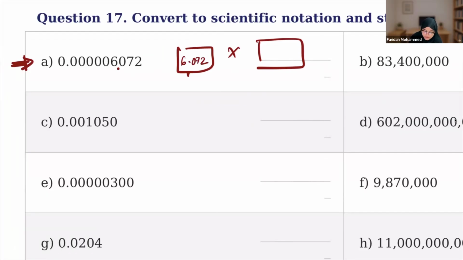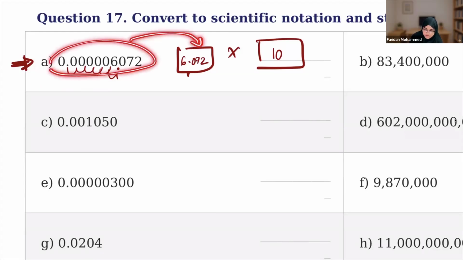6.072. Now you bring this decimal 1, 2, 3, 4, 5, 6, right? Because you are making a smaller number into a bigger number, now it will become what? 10. It's always going to be 10. But because this is a smaller number and you're trying to make it a bigger number, it's going to be negative 6.